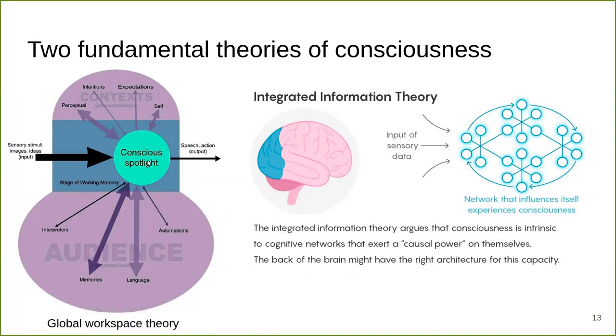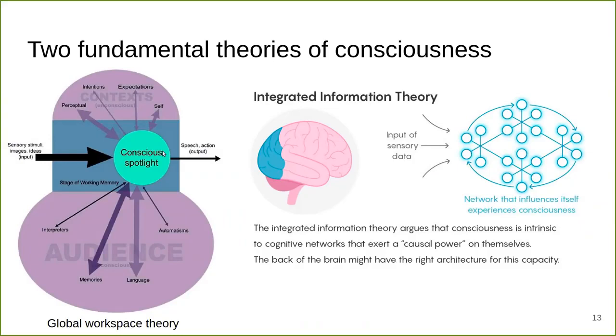But the main idea here is that global workspace theory is explained by the theater metaphor. There is some kind of a common workspace that interacts with a lot of stuff that is unconscious. There is a place, like a spotlight in a theater, where most of the action happens.